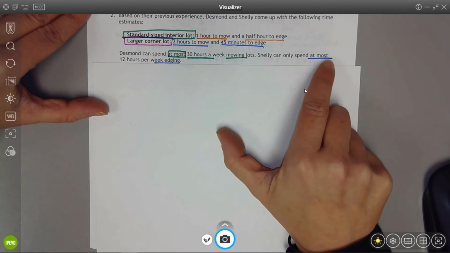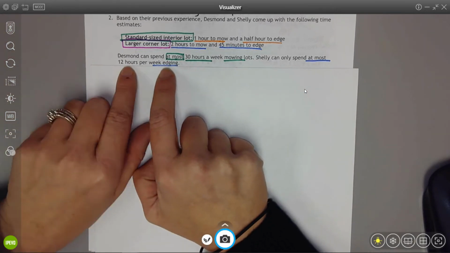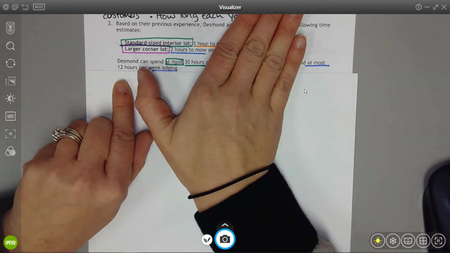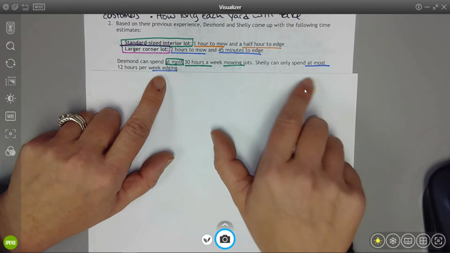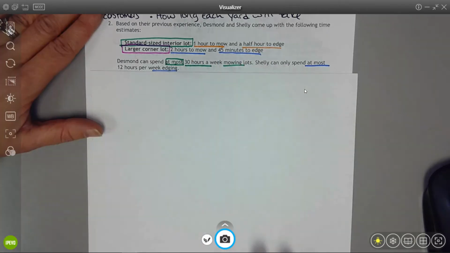Shelly is going to take care of the edging and can spend at most 12 hours per week edging.